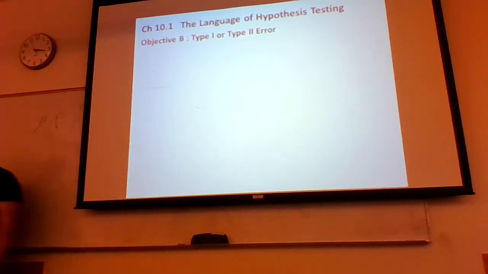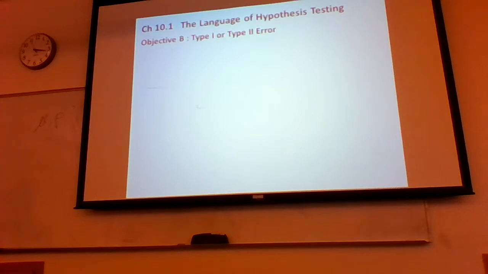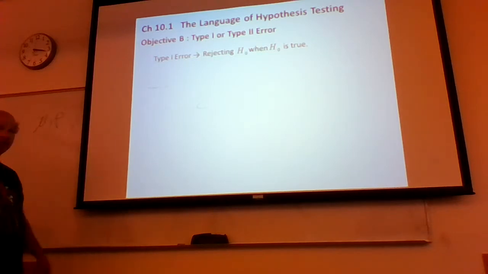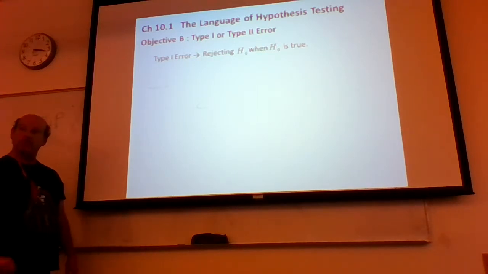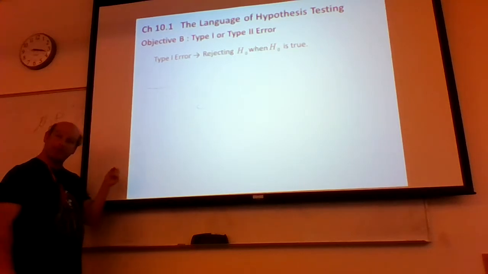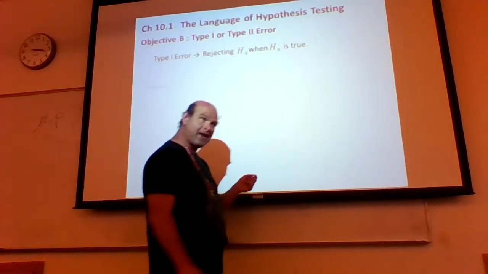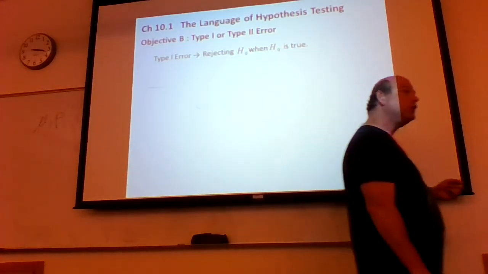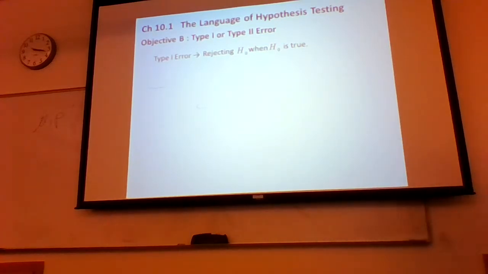A type 1 error occurs when you reject the null hypothesis when in fact it's true. For example, you reject that the proportion of heads is 50% when it really is 50%.